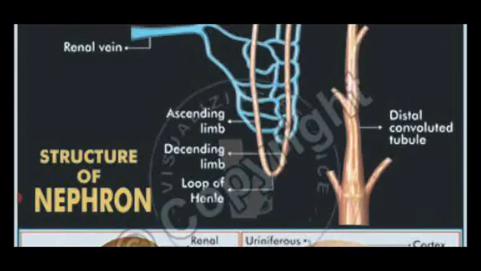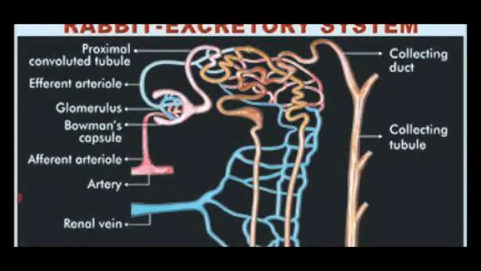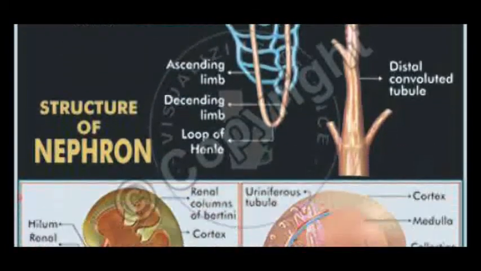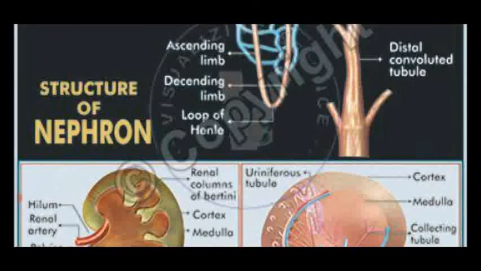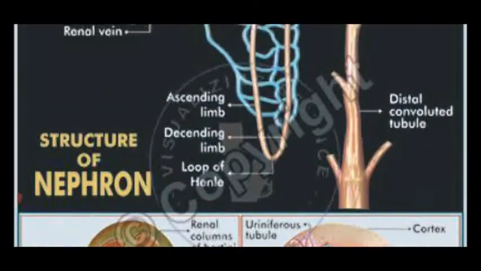So these are all the different regions to collect the nitrogenous waste material from the blood, from different parts of the body, and send it to each kidney through a pair of ureters, which open into the urinary bladder, and excrete the nitrogenous waste through the urethra. That is said to be the excretory system of rabbit.